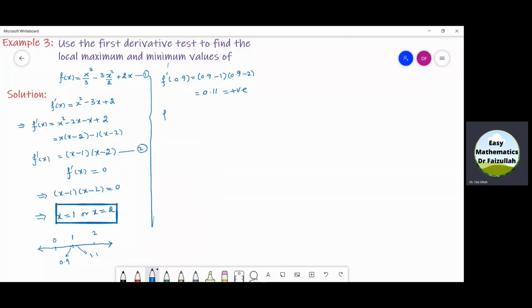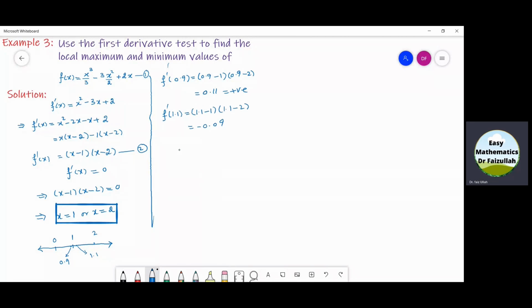And now let us find the sign of f dash on the number 1.1. So let us put that number in equation 2. We have 1.1 minus 1 into 1.1 minus 2. And if we simplify this, we get minus 0.09.